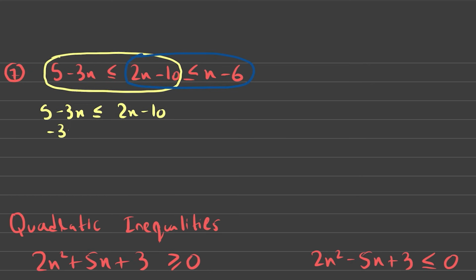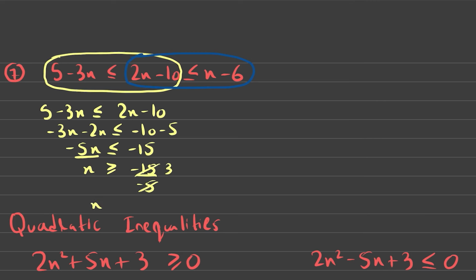Then minus 3x minus 2x less than equal to minus 10 minus 5. That makes minus 5x less than equal to minus 15. Now, is there a negative number? Absolutely. So the sign will be flipped. Minus 15 upon minus 5, that's what? x is greater than equal to 3.